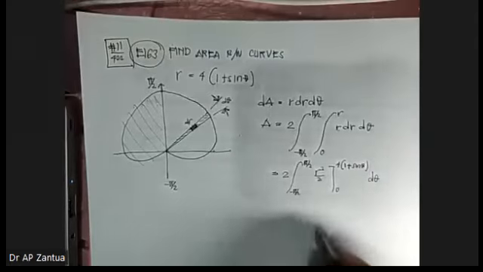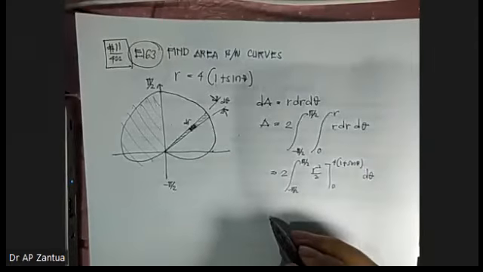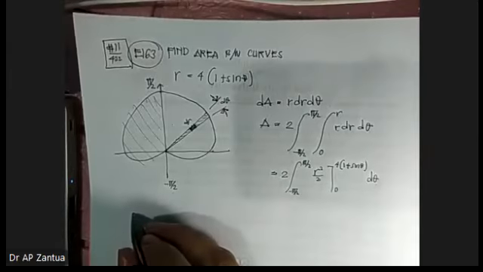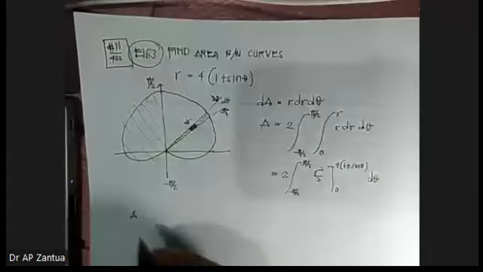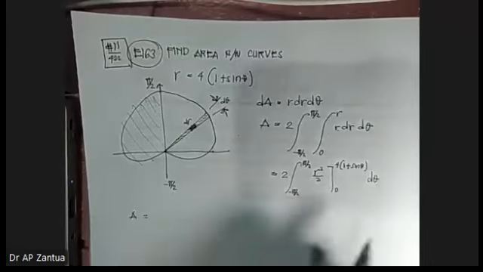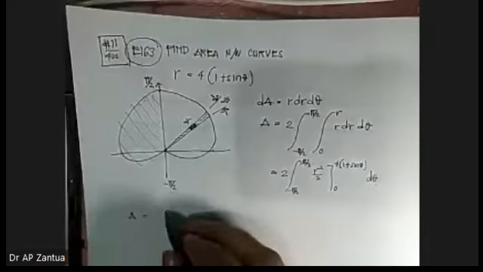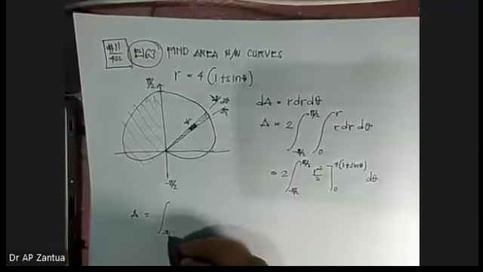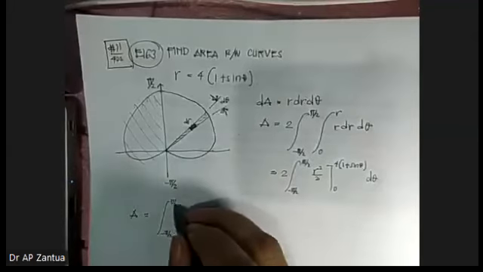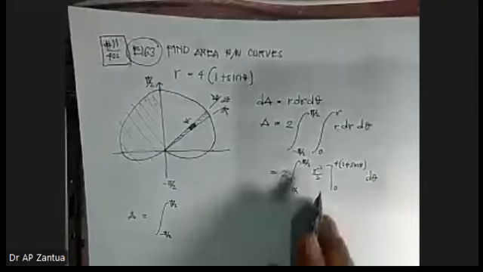So let us do it here. You'll notice 2 times 1/2, that is 1. So let us just write pi over 2, pi over 2. Okay. So r squared.